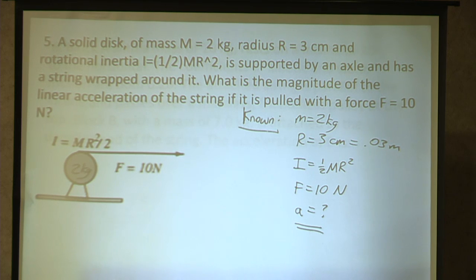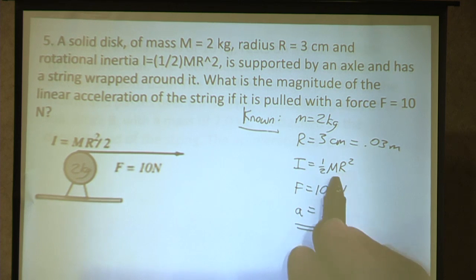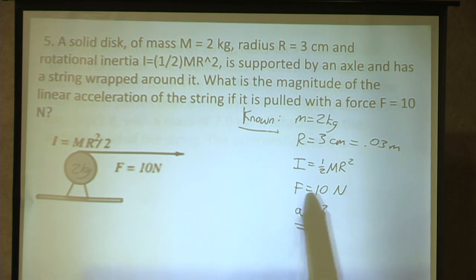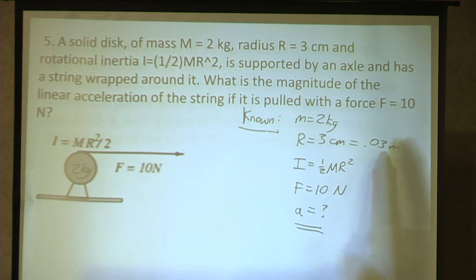Let's think about what we know. We can calculate the moment of inertia pretty easily. We can also calculate the torque. We're given the force acting on this circle times the radius.